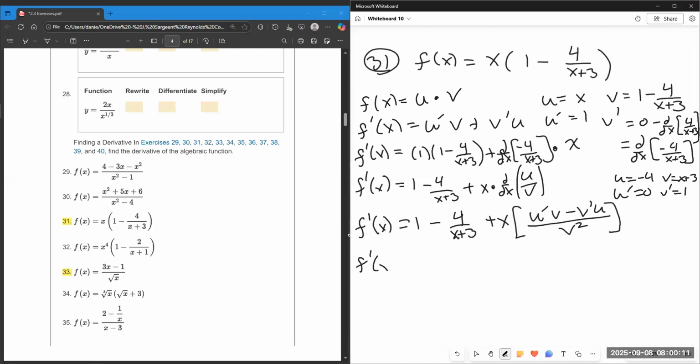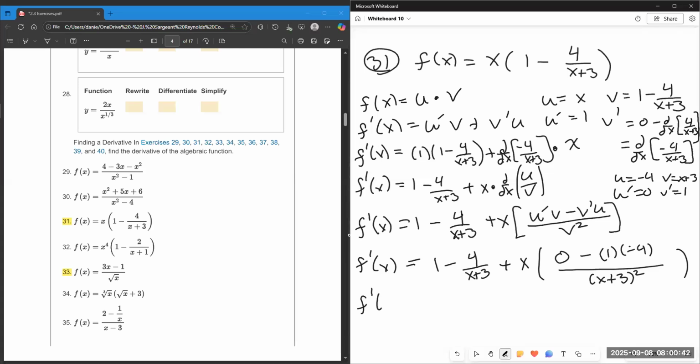F prime of x is 1 minus 4 over x plus 3 plus x times, and then this is 0 minus 1 times -4 over x plus 3 quantity squared.